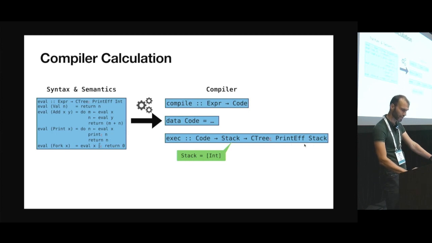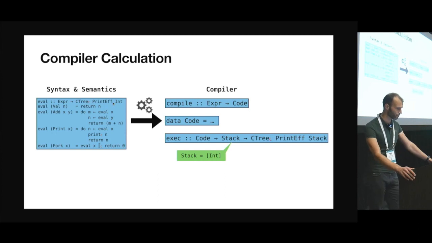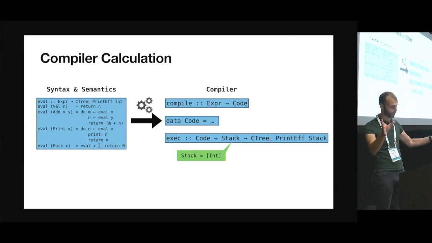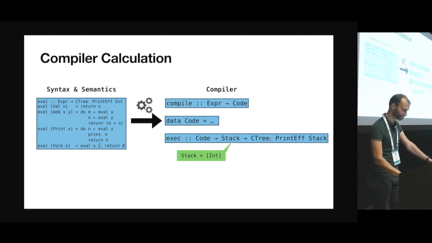And it uses the same effect structure, the code density choice trees with this print effects that we also have in our semantics of our source language over here, right? And that's exactly what we need for the reasoning, so that the semantics of the source language and the target language live in the same monad.